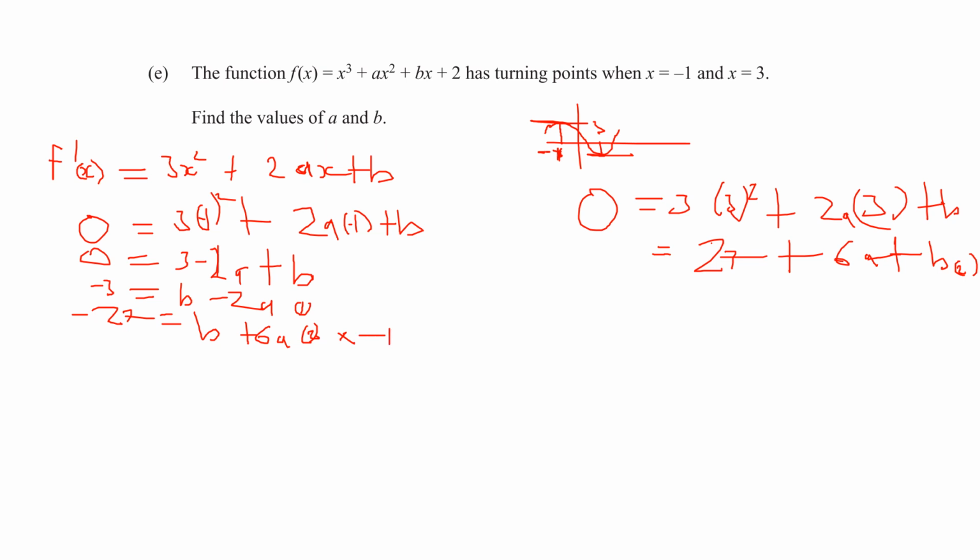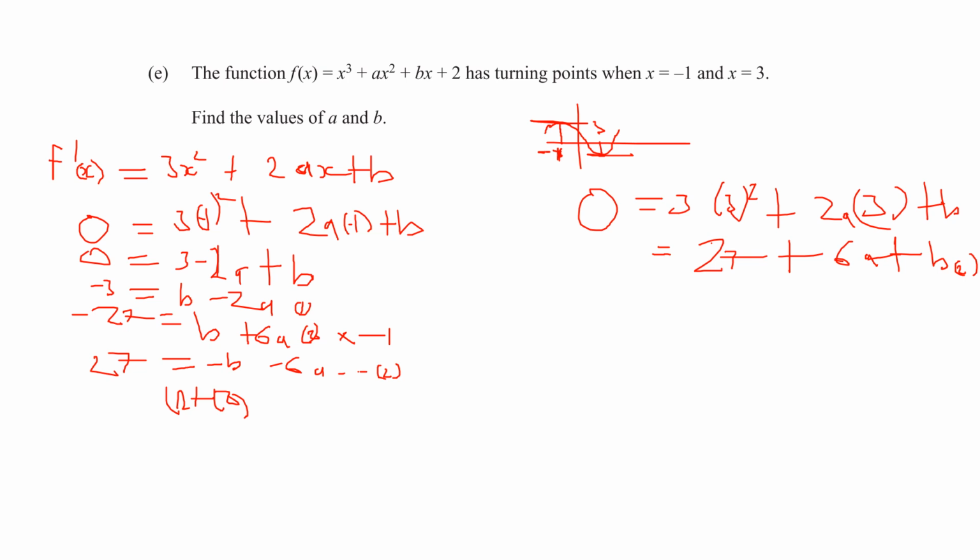So this becomes plus 27 is equal to minus b minus 6a. This becomes our new equation 2. Then we say equation 1 plus equation 2. We add equation 1 into equation 2, right? This will be the fastest way to do it.